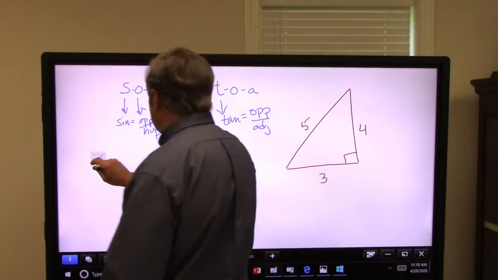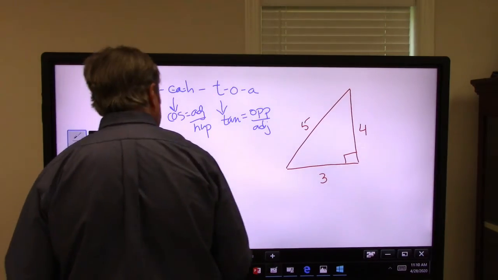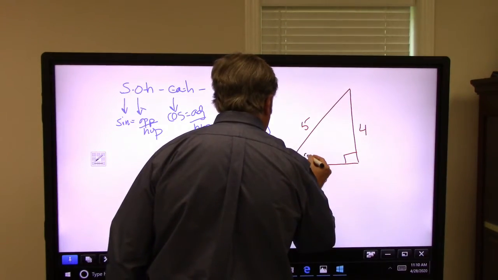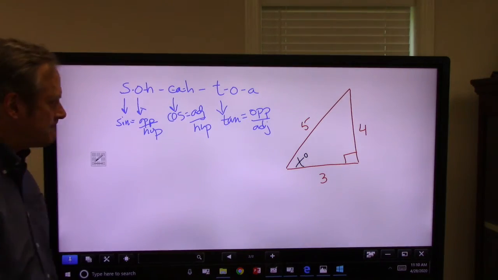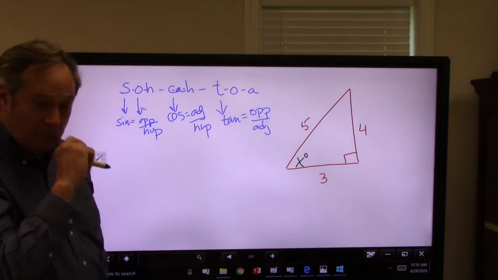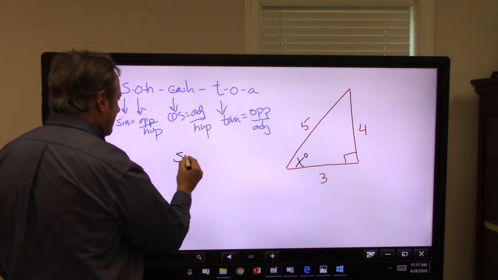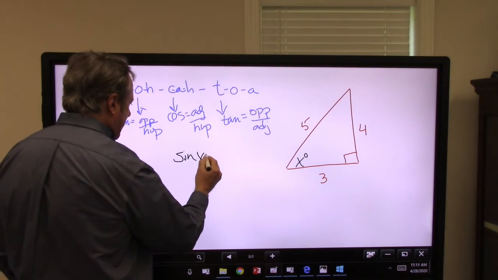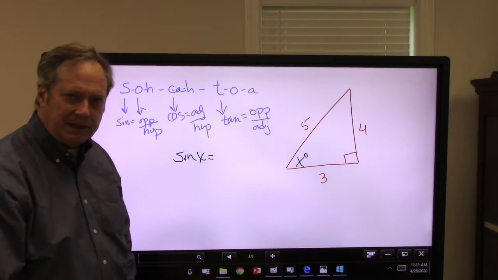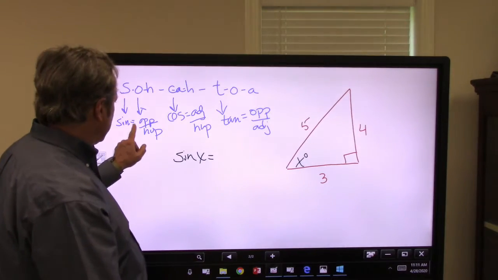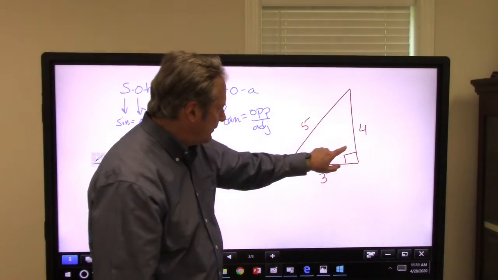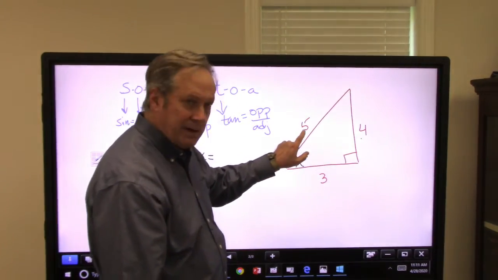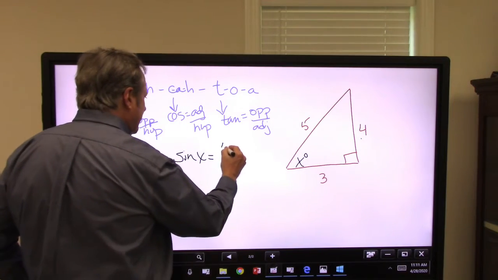And we'll call this angle X. So if I want to find the sine of angle X, and again, this is a relationship, sine is opposite over hypotenuse, so opposite over hypotenuse would be 4 over 5.